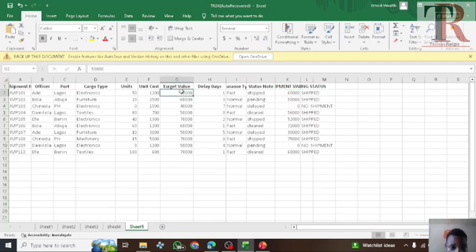This target value is the amount that the company has said needs to be sold for a day. So if this target is met, or what is sold is greater than this target, then we display target met, else we display target not met.